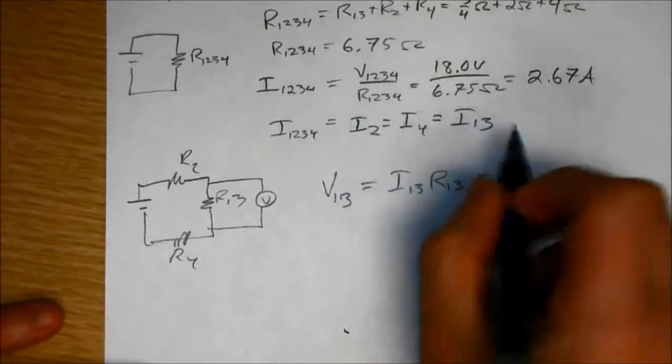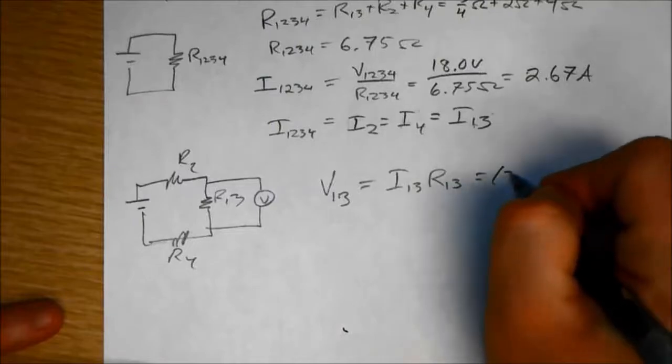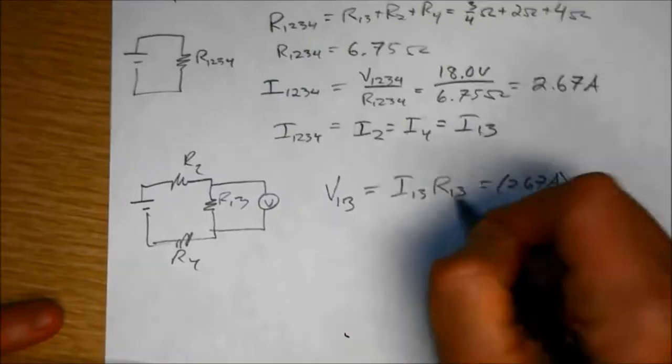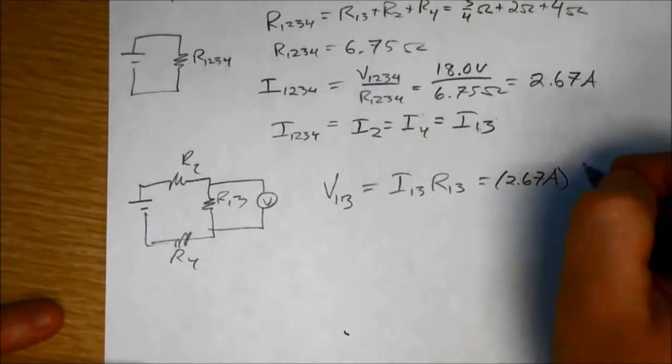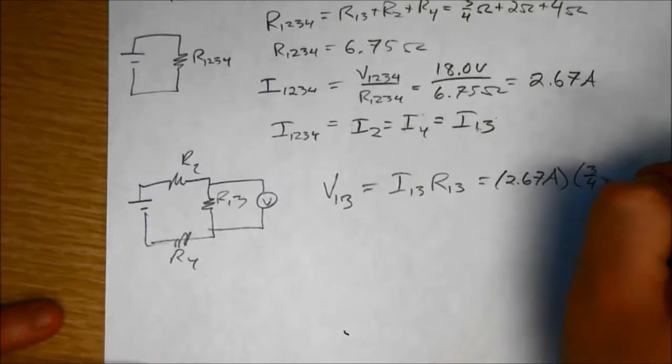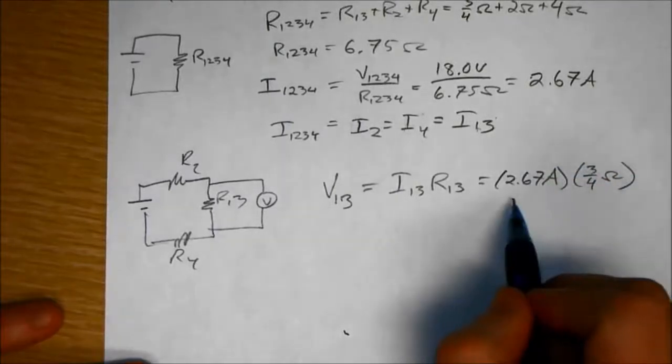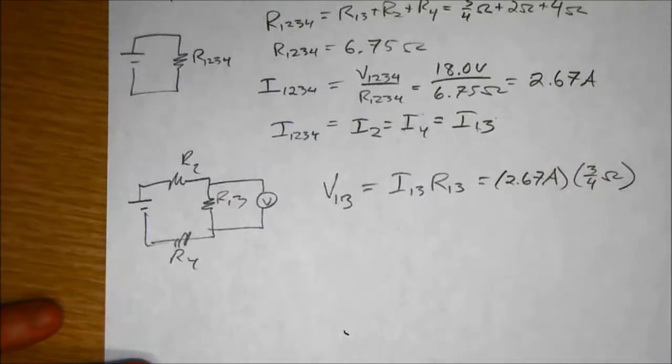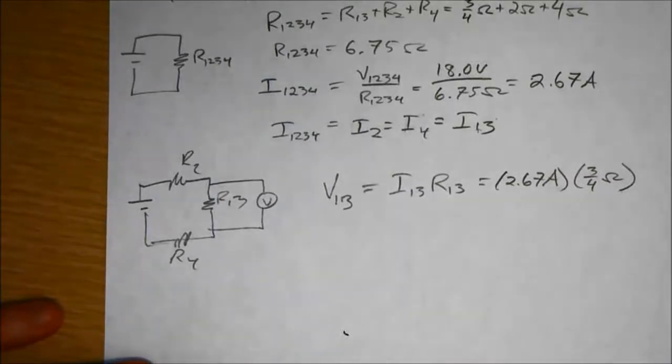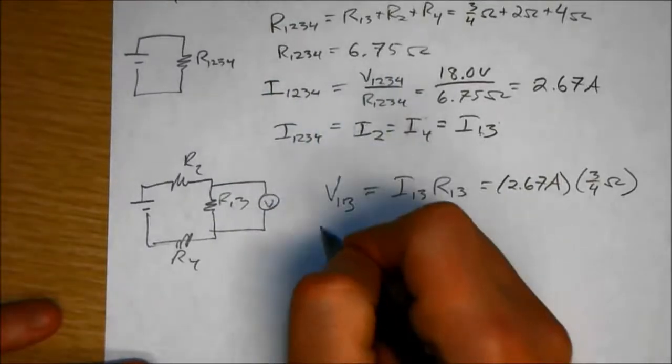So that's equal to I13, which we found above, 2.67 amps, times R13, which is 3/4 ohms. 2.67 times 0.75, so that's about 2 volts.